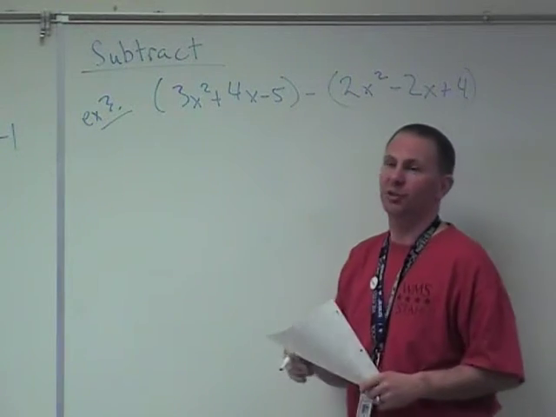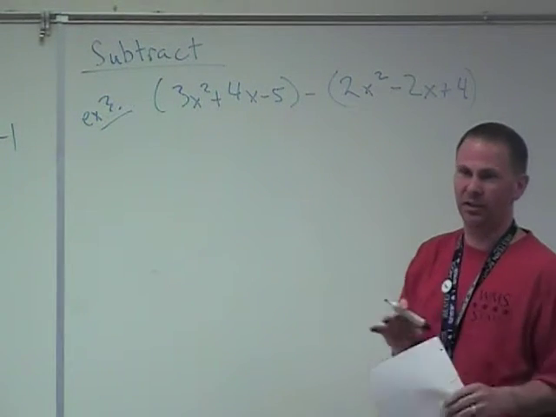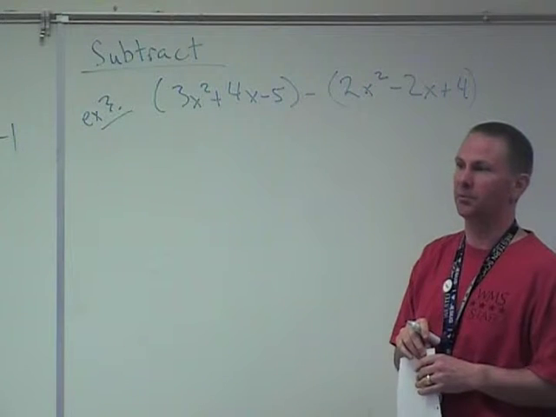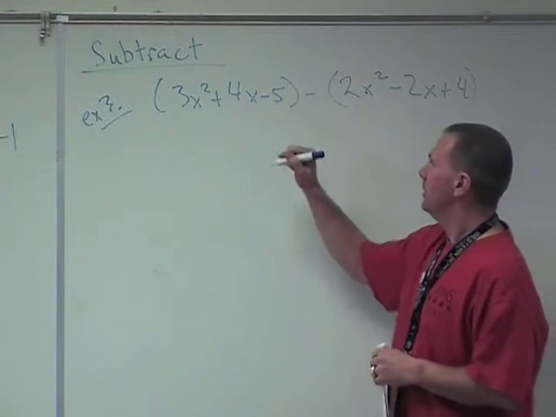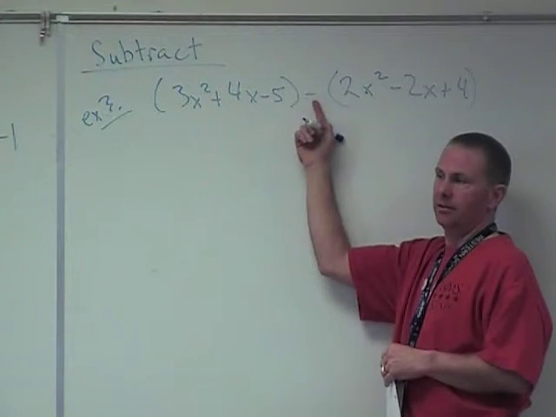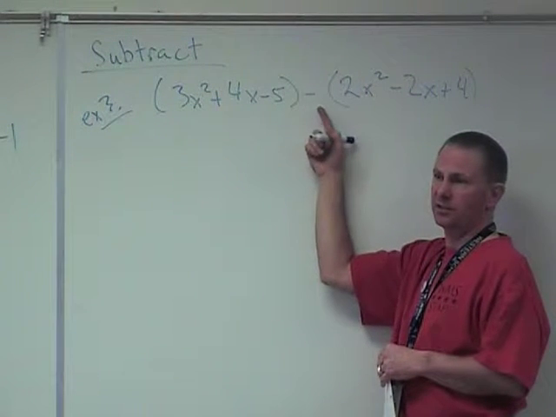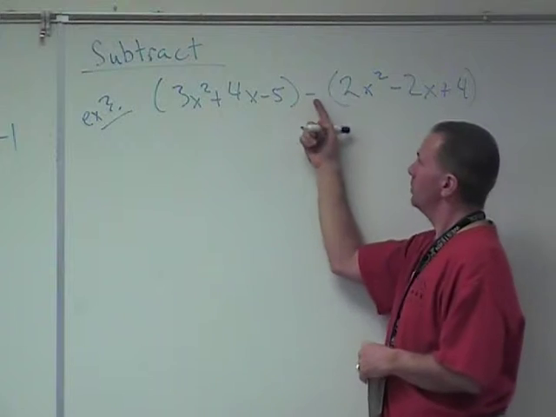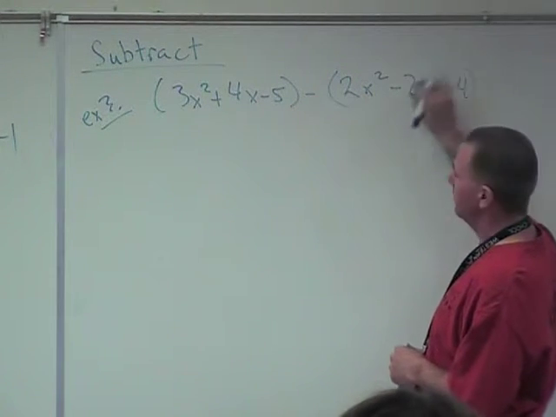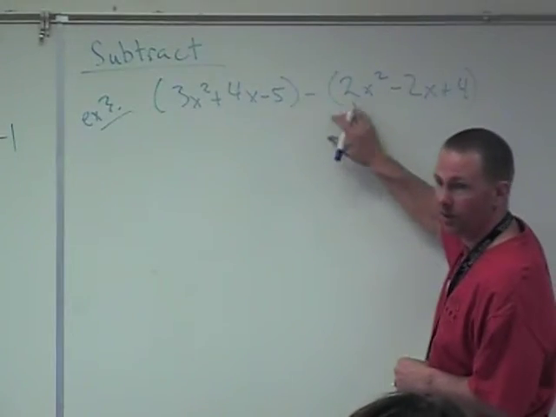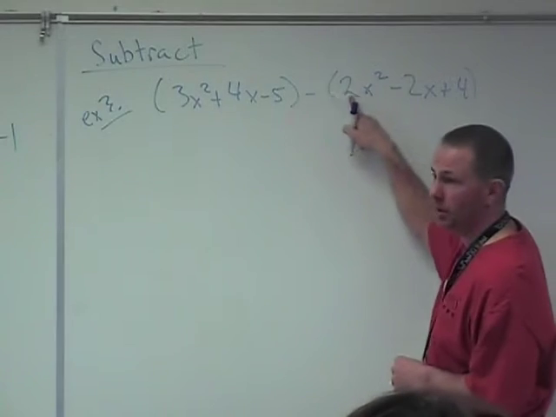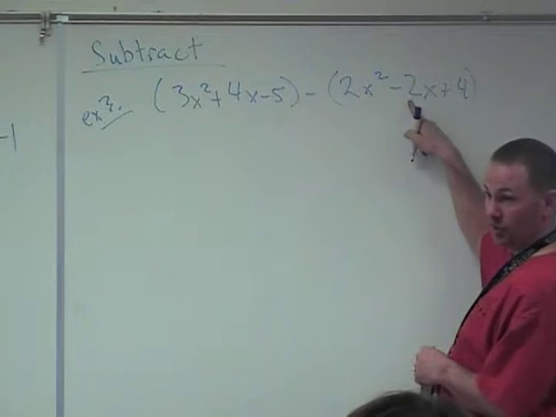I'm going to say it, assuming that you don't understand it. I know some of you get this, but I want to make sure you understand it. You're subtracting each of these terms, not just the first one. The minus sign is outside of this parentheses, so I'm subtracting the whole thing, not just the 2x squared. So I need to make sure I minus the 2x squared, I minus the minus 2x, and I minus the positive 4.